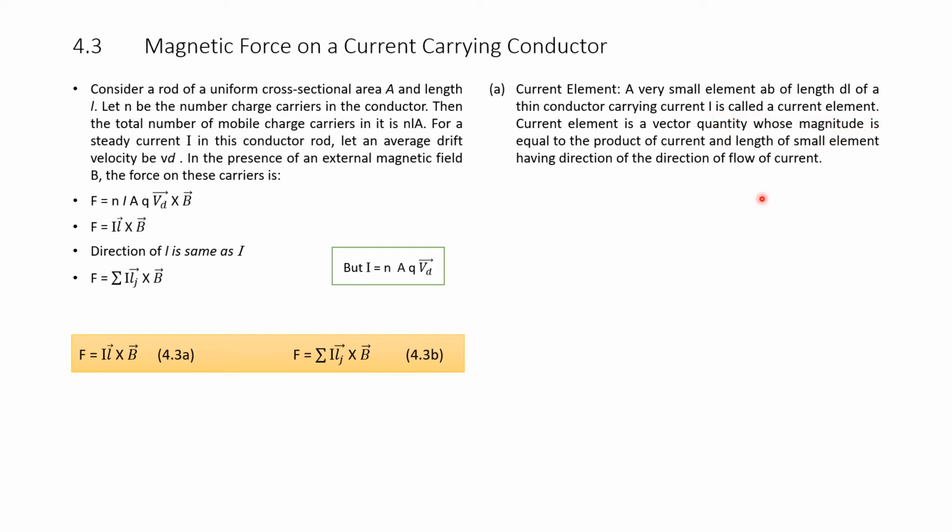That is, it is nothing but a thin conductor element of length L carrying a current I. Current element is a vector quantity. Current is a scalar, but current element is a vector quantity whose magnitude is equal to the product of current and length of small element, having direction of flow of current.